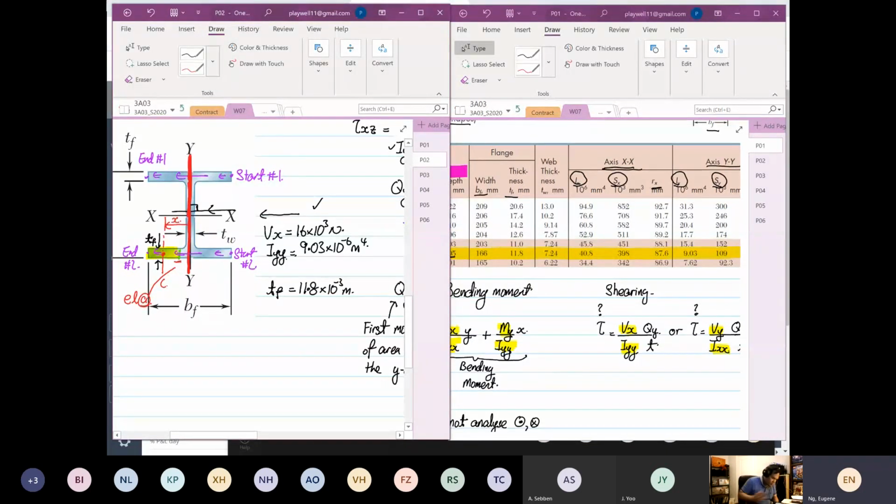So now once we know this distance, we are aware that the distance from here to here is 75 millimeters. This is given. And the distance from here to here, that's our BF, is 166. So 166 divided by 2.